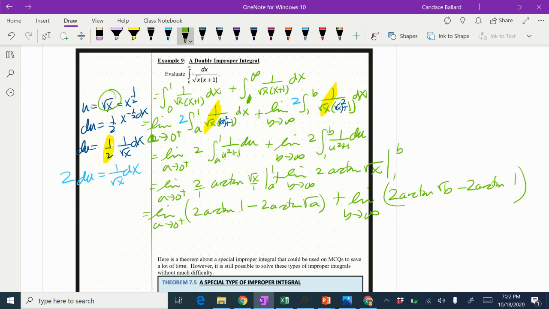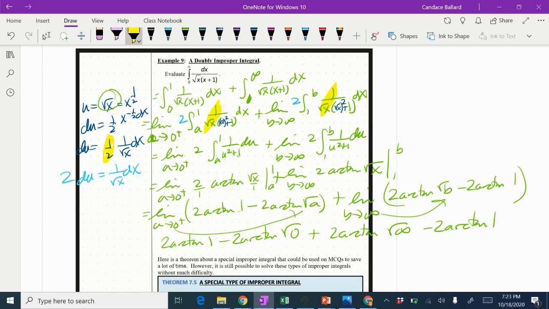All right, I'm not going to simplify the arctangent of 1 quite yet. I'm going to go ahead and apply this 0 and this infinity and watch what happens. So I've got 2 arctangent of 1 minus 2 arctangent of the square root of 0 plus 2 arctangent of the square root of infinity minus 2 arctangent of 1.